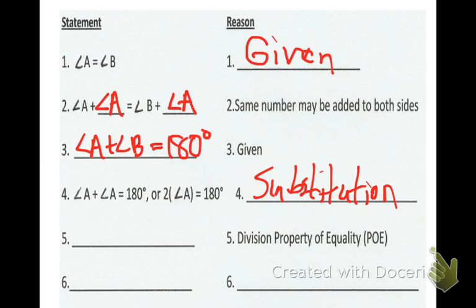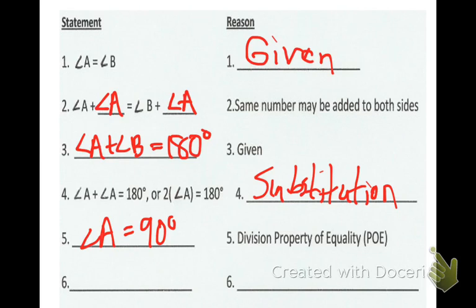Next step, division property of equality. What would be the result of dividing both sides by the same thing? Dividing by 2. So we would have angle A equals 90 degrees.